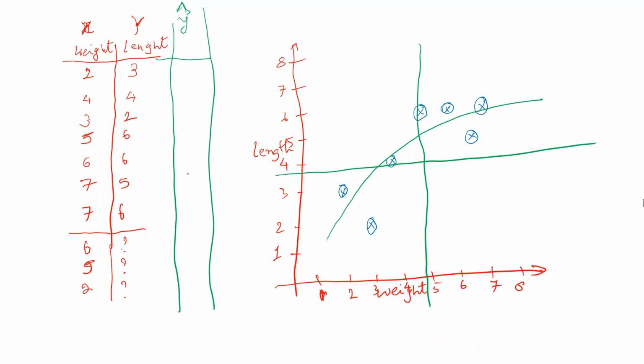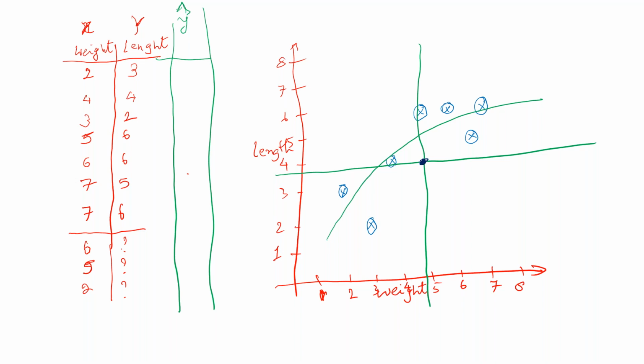So this is the mean point for both x and y, and any regression line for this data always goes through this point.